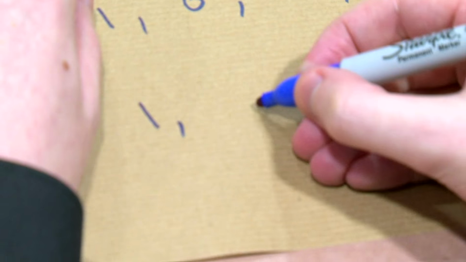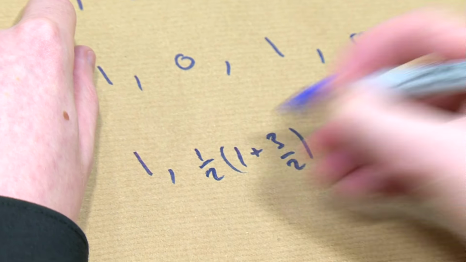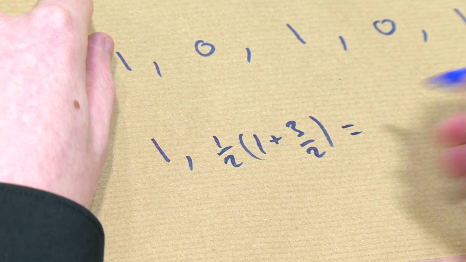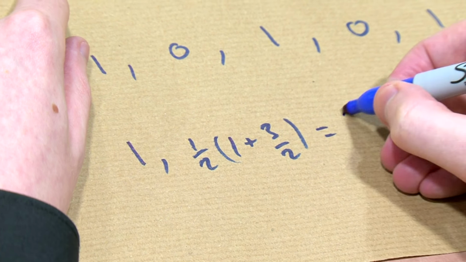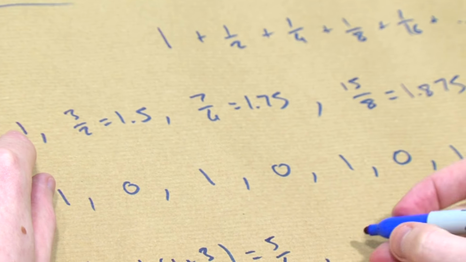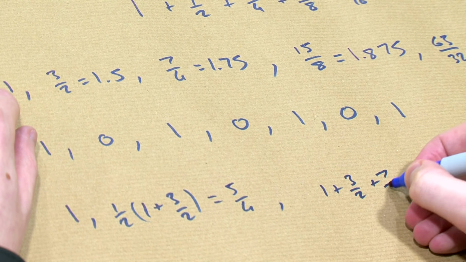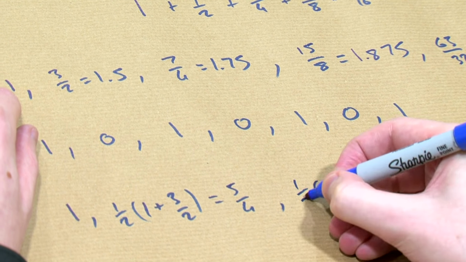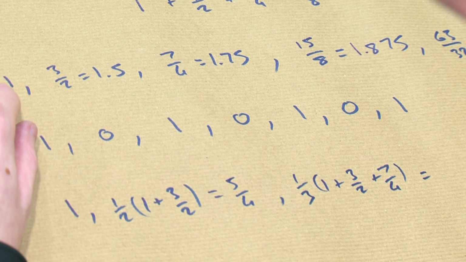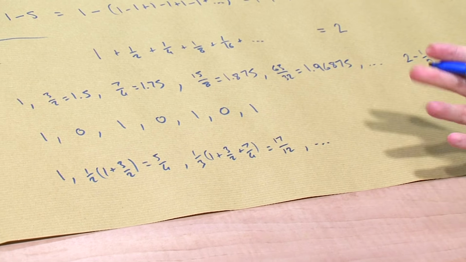So it's going to be 1 plus 3 halves, and then average it like that, which is actually equal to 5 quarters. If I took the first 3 and averaged them, I would have 1 plus 3 halves plus 7 quarters divided by 3. And that gives me 17 over 12, and, well, hopefully you get the idea of that.